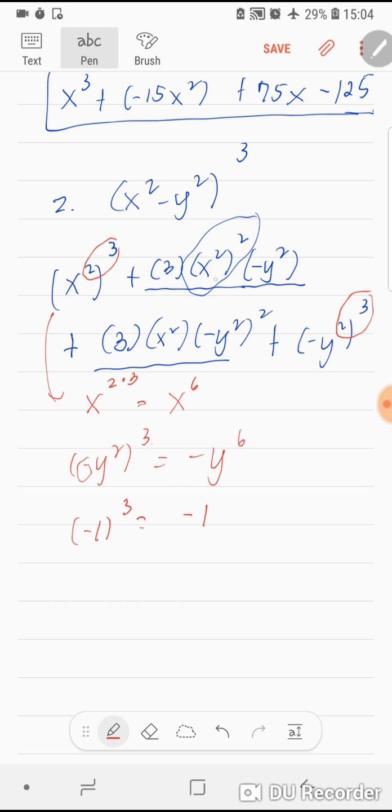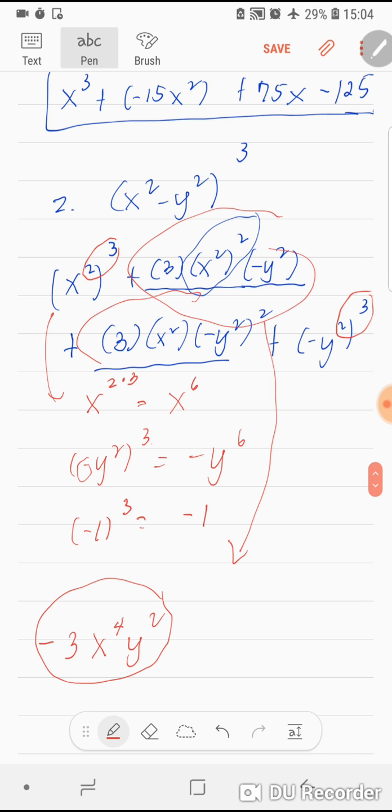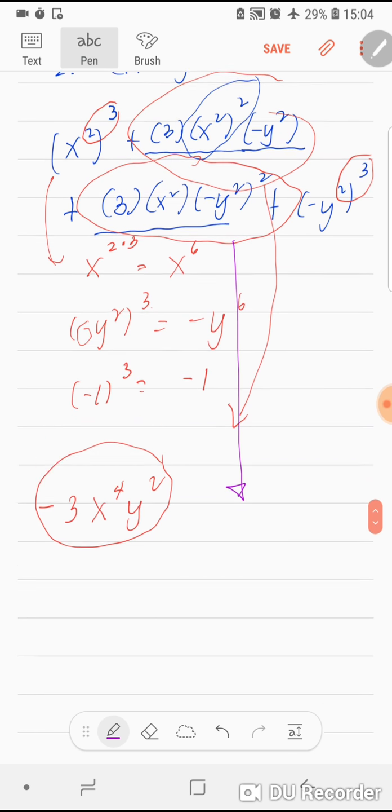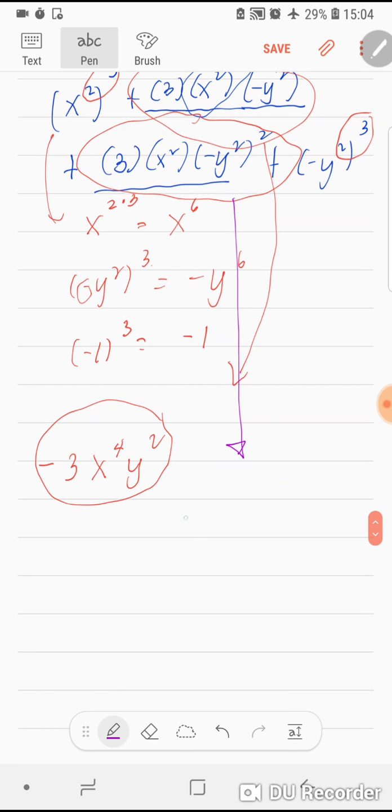For this part here, x squared to the power of 2 is x to the 4, so bring down 3 and then negative y squared. For this part here, it would be equal to negative 3 times x squared, then negative y squared squared, which gets y to the power of 4.